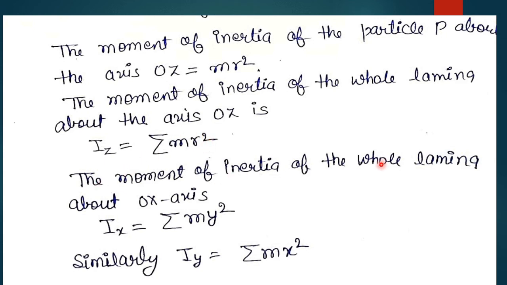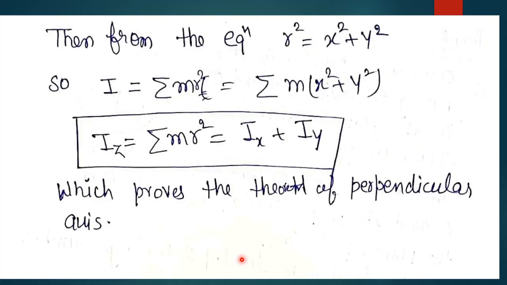Now the moment of inertia of the whole lamina about the OX axis will be Ix = Σ my², and similarly Iy = Σ mx² along the OY axis.